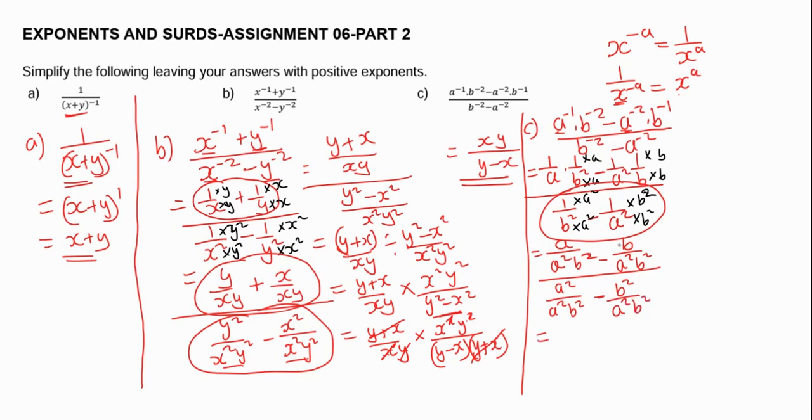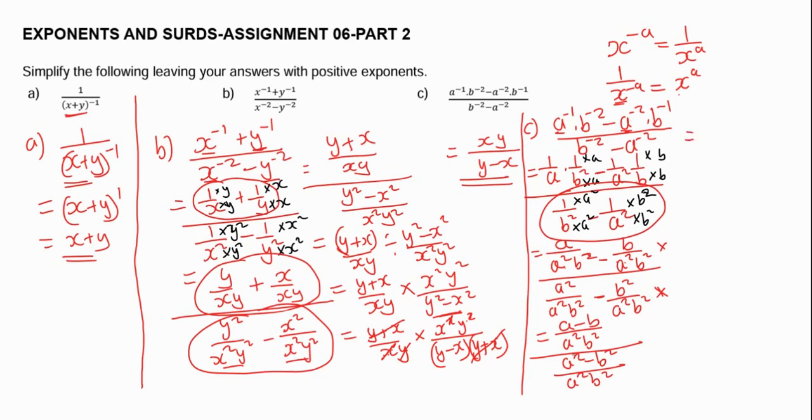And then if you check the top part, this one, the denominators are the same, we can subtract the numerators. So it's a minus b over a squared b squared divided by this part. We can also subtract the numerators there. So it's a squared minus b squared over a squared b squared, right?